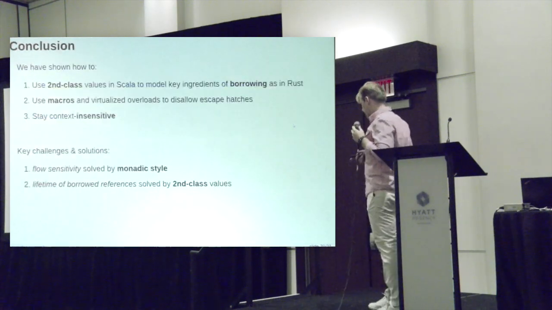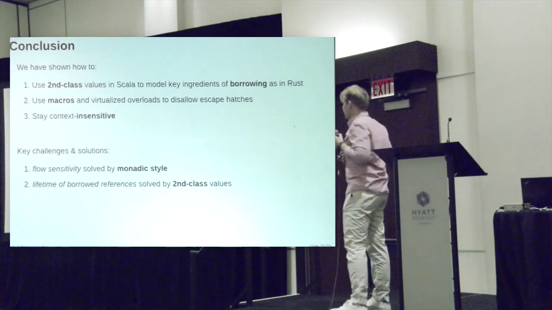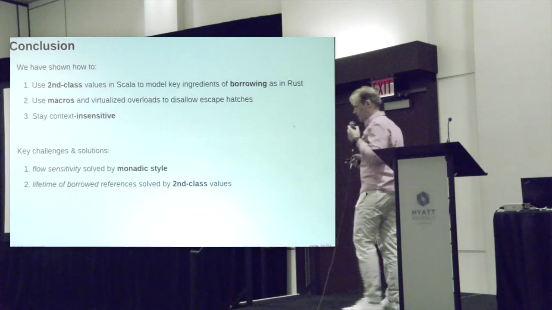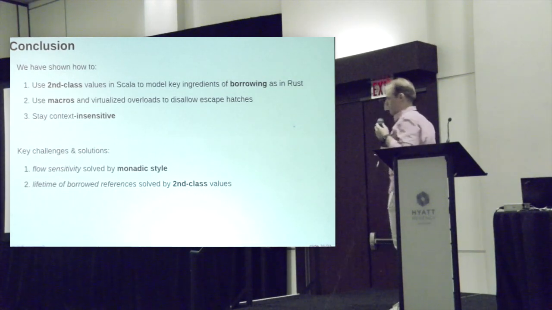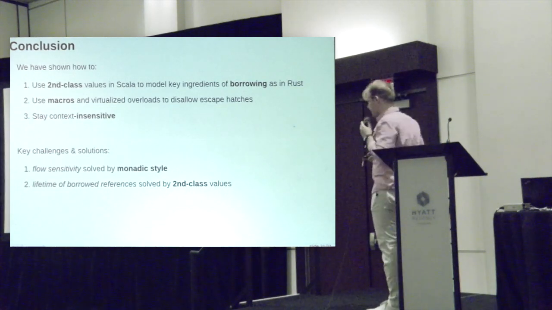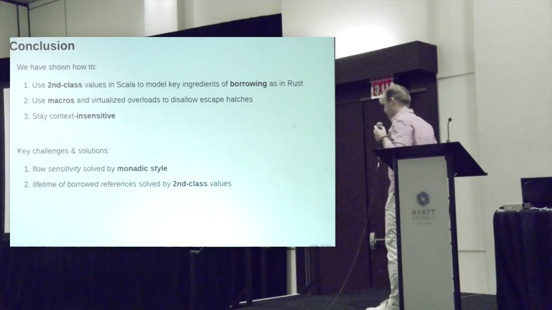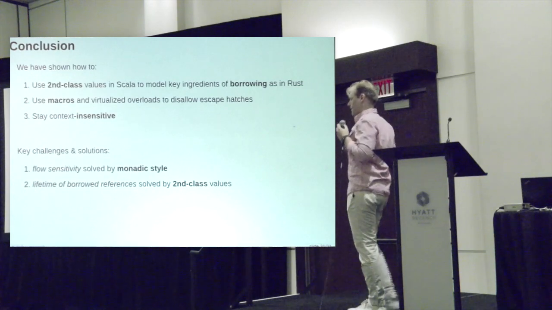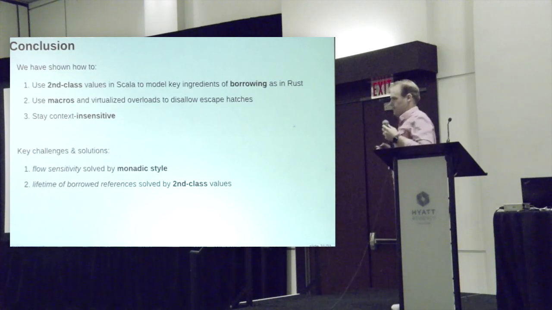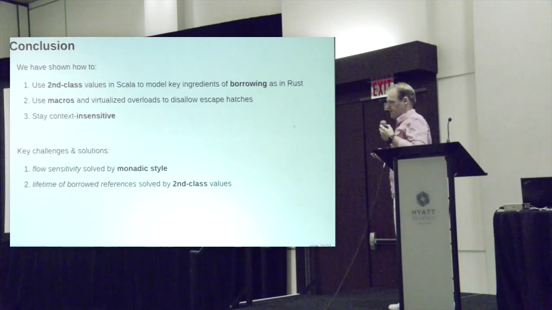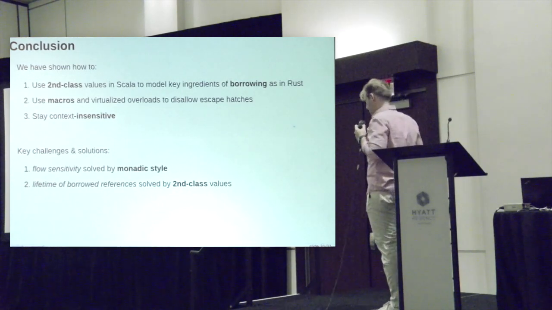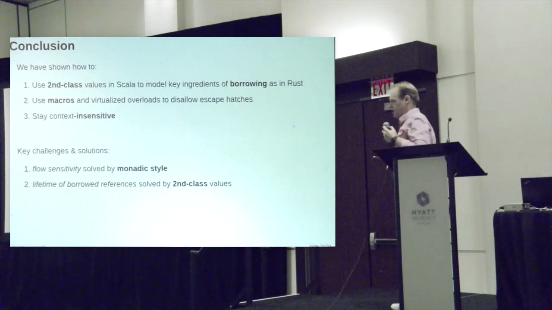So in conclusion, I showed you how to use second class values in Scala to model the key concepts of borrowing and alias control in Rust, and how to use macros and overload assignment in Scala Virtualized to take care of some workarounds, and how to remain context insensitive.